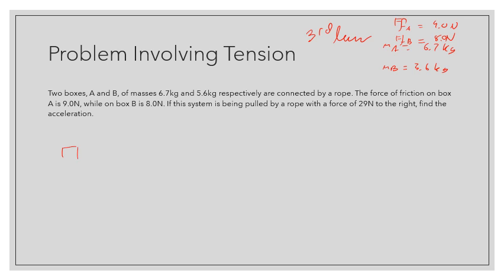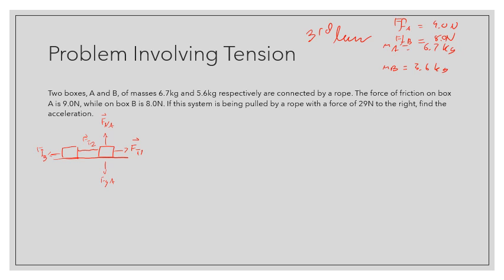So you have this box. You have force tension 1 because these boxes are being pulled, and you have the normal force for box A, force of gravity for box A, and you also have this force tension between them, and you have force of friction for box B here.